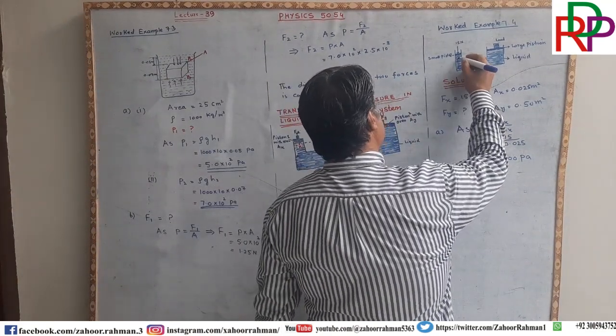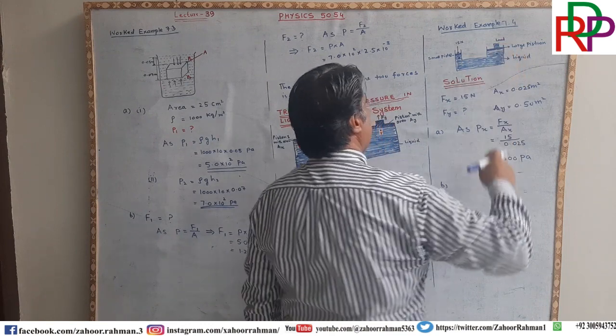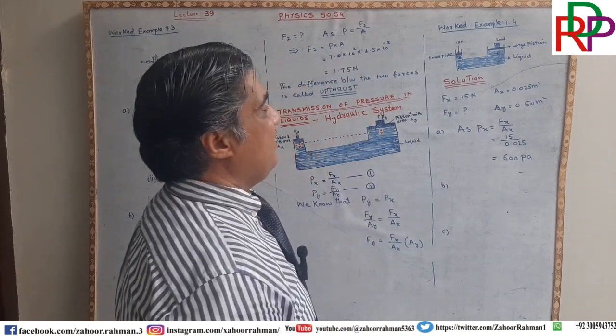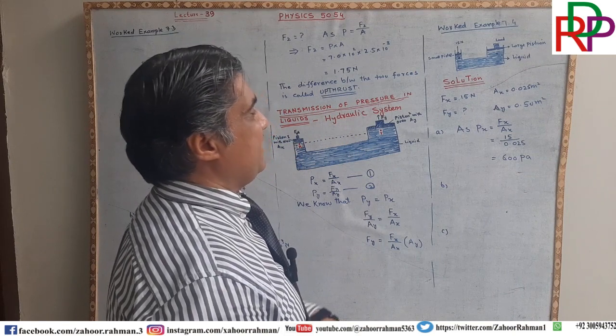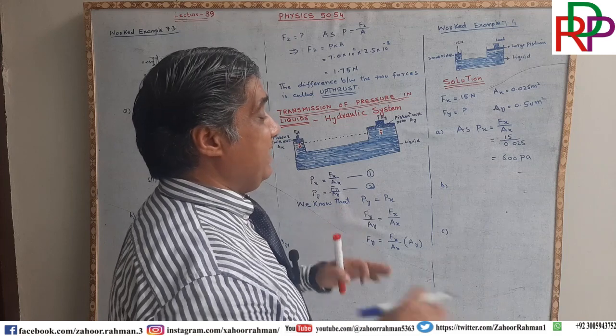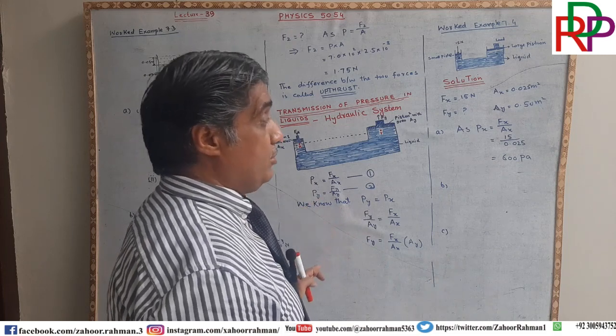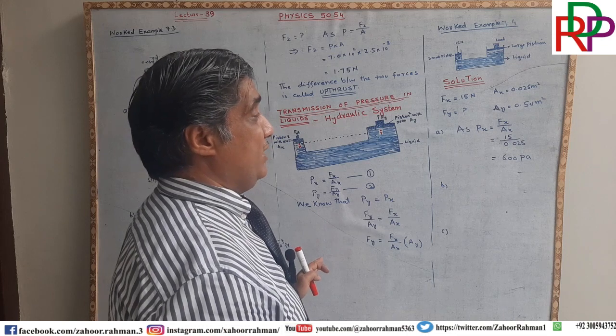Now, ladies and gentlemen, in the second part, they are asking for the pressure exerted on the large piston. Many students confuse themselves that because this is a large piston, the pressure will be large. No, it is not like this. Pressure will be the same at the same level. We are talking about the force exerted on piston 2 being larger.